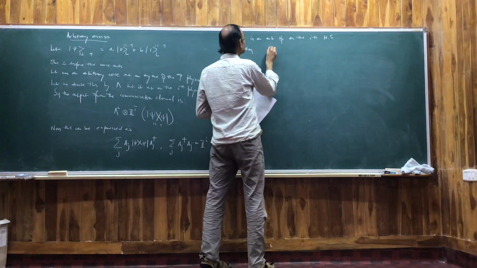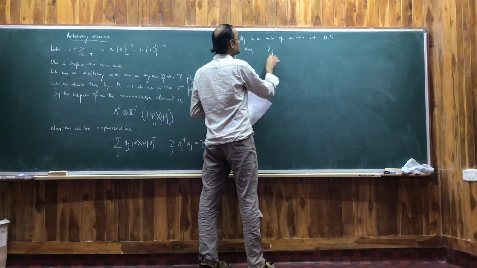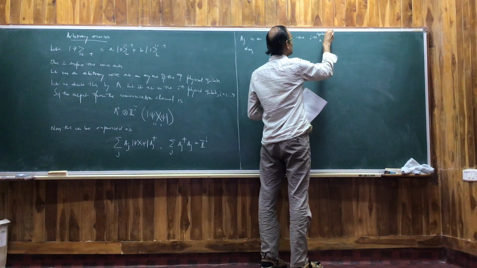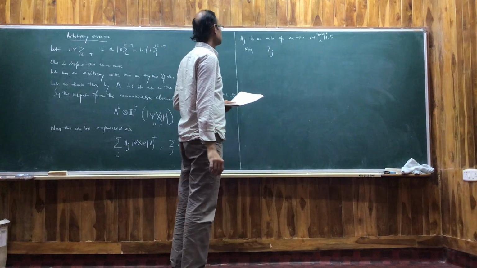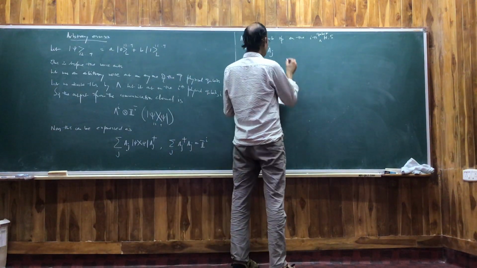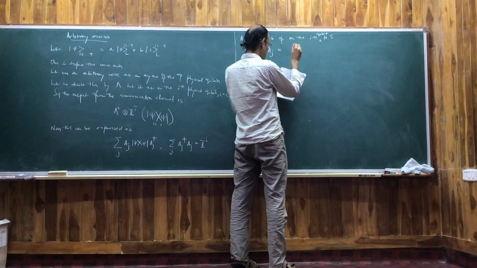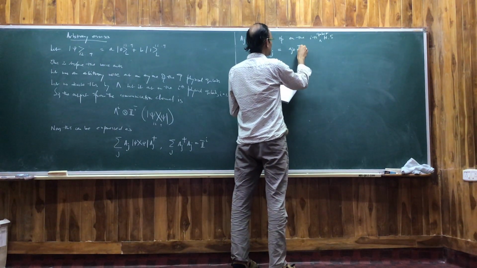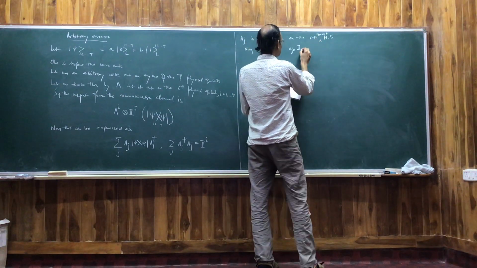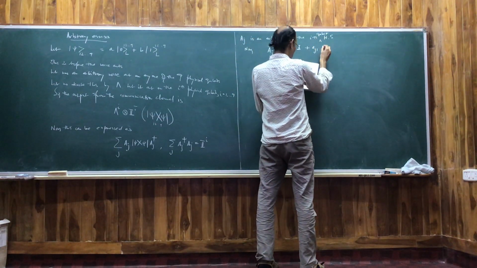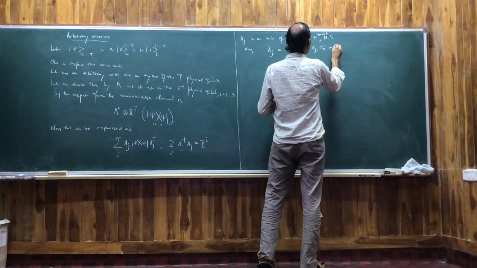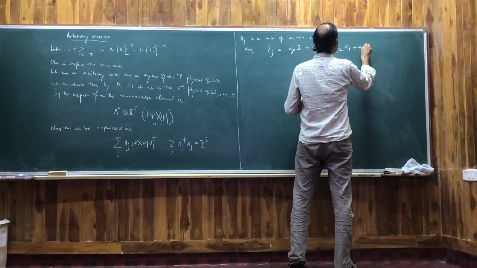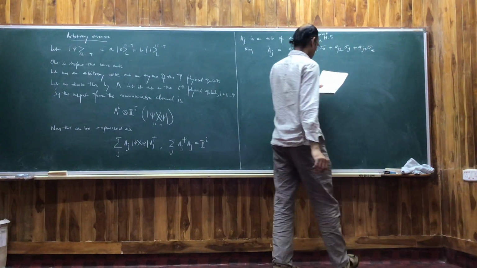Now, A_j is an operator on a two-dimensional complex Hilbert space. So I can write this A_j as A_j0, the identity operator on that space, plus A_j1 sigma x plus A_j2 sigma y plus A_j3 sigma z.